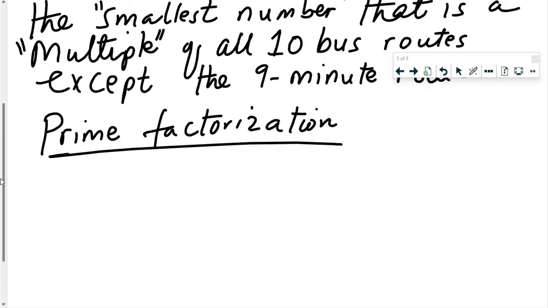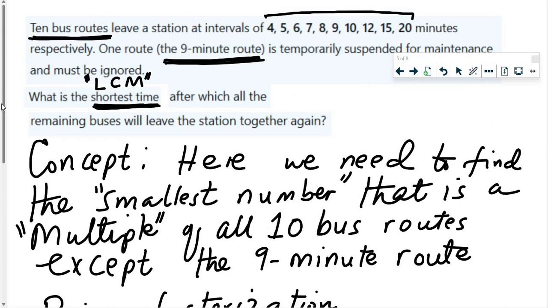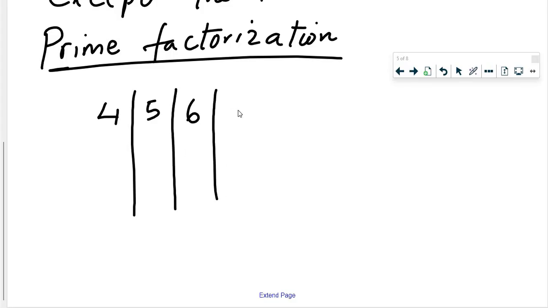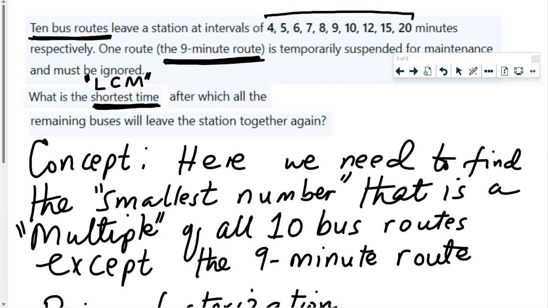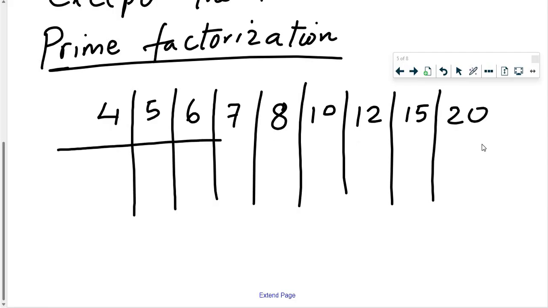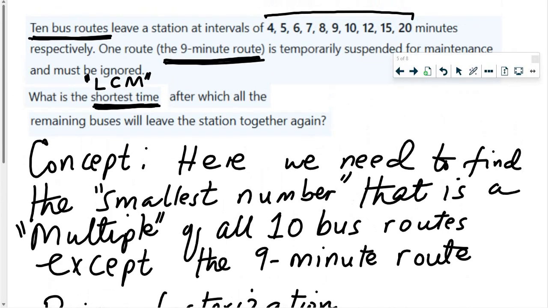Skip 9. Then 10, 12, 15, 20. Let me check. 4, 5, 6, 7, 8, 9 skip, 10, 12, 15, 20.